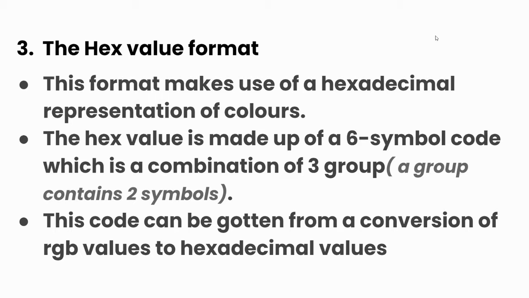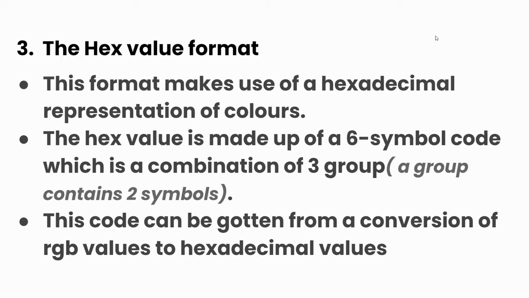So let's move on. The code can be gotten from a conversion of RGB values to hexadecimal values. Yes. So what this basically means is that the RGB format and the hex value format are quite linked together. In fact, the hex value format is obtained by a conversion of the RGB format.